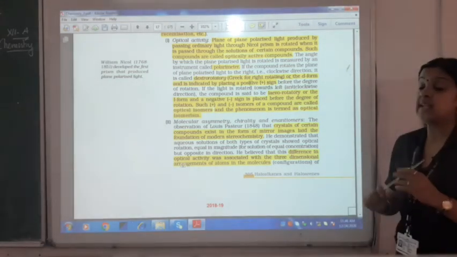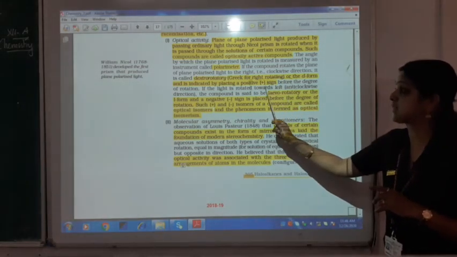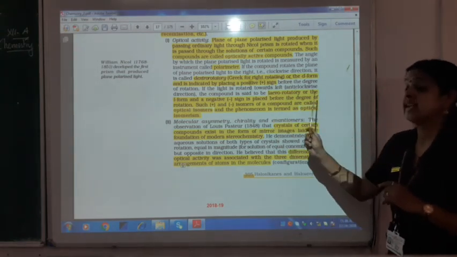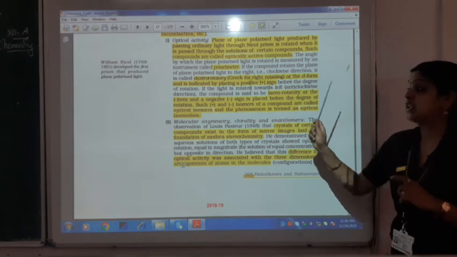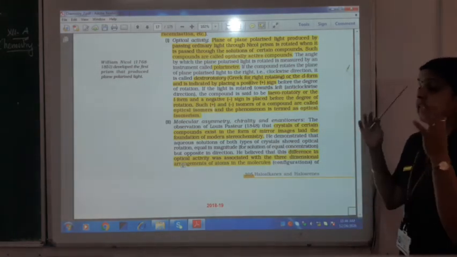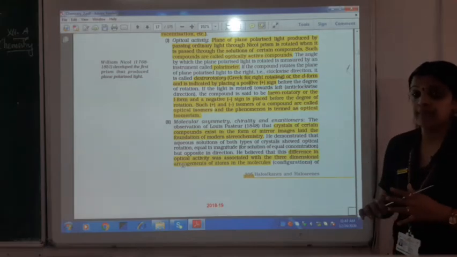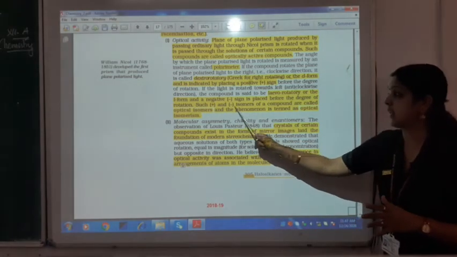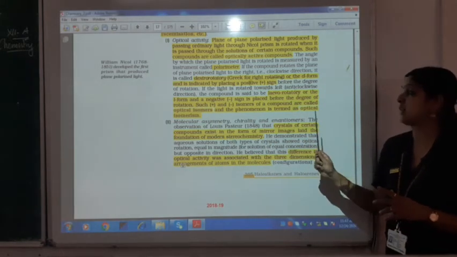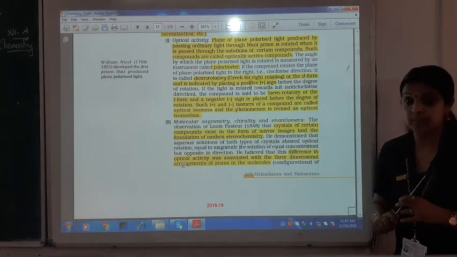Dextrorotatory is recognized using a positive sign before the degree of rotation. Similarly, levorotatory is indicated using a negative sign before the degree of rotation. Now any isomers that show both positive and negative rotation are called optical isomers, and the phenomenon is called optical isomerism.